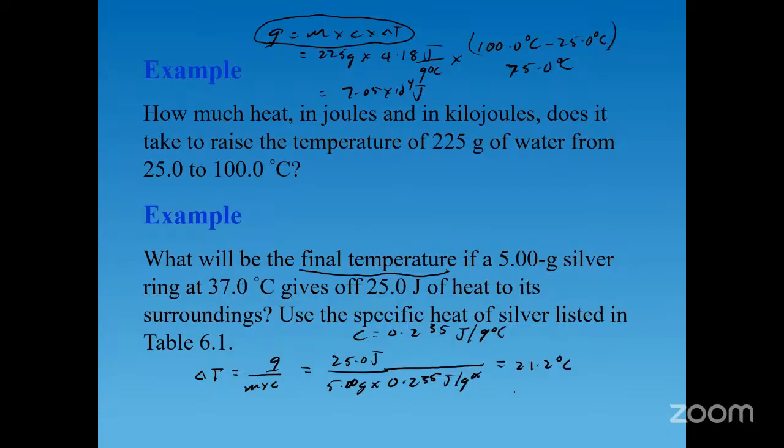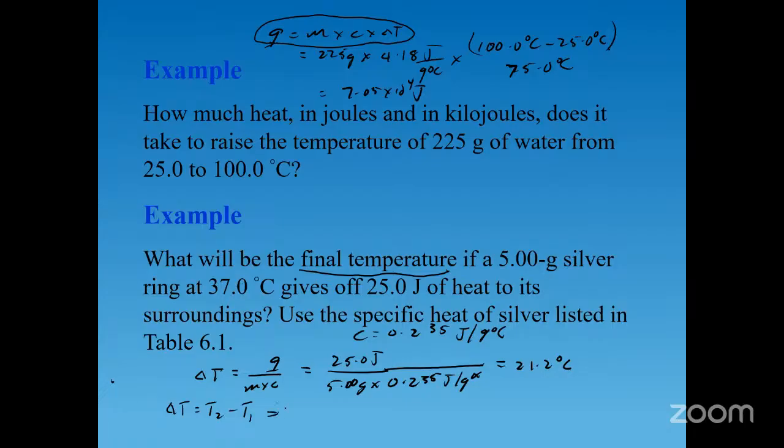So that would be the change in temperature. But the question is not asking for the change in temperature. What is the question asking for? The final temperature, right? So remember, the change in temperature is equal to the final temperature minus the initial temperature, right? So I'm going to write down here, delta T is equal to T2 minus T1, right?